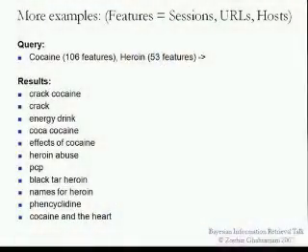This seems to be just related to cabbage, not to the other query terms. So we need to improve our scoring method to reduce that sort of thing. Cocaine and heroin, you get crack cocaine, crack energy drink, coca, etc. Black tar, heroin. I should have asked Frederick why he was doing this particular search.